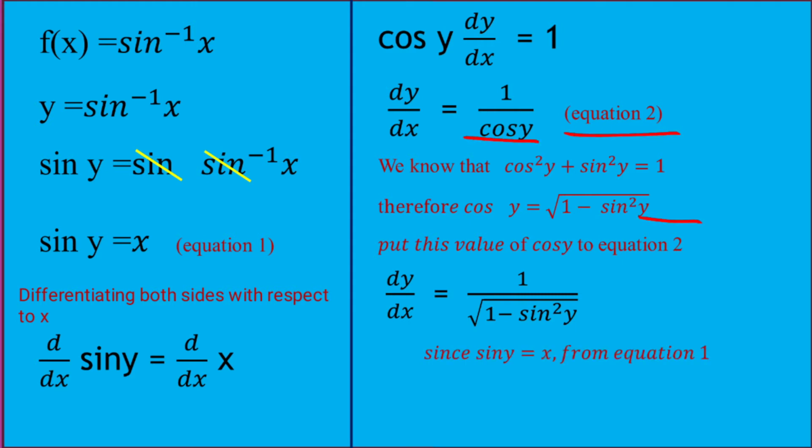Now, since sine y equals x, as you can see from equation 1, we use that so that sine squared y becomes x squared. So we have dy over dx equals 1 over the square root of 1 minus x squared. We just replace sine squared y with x squared.